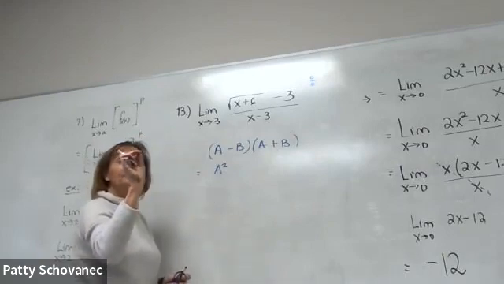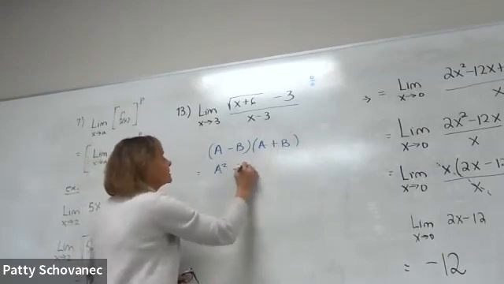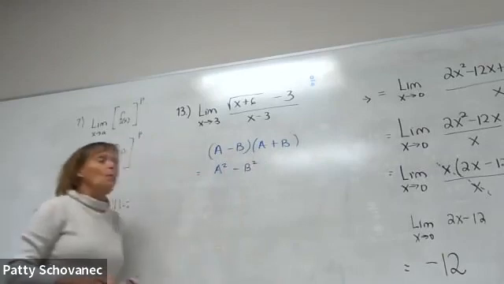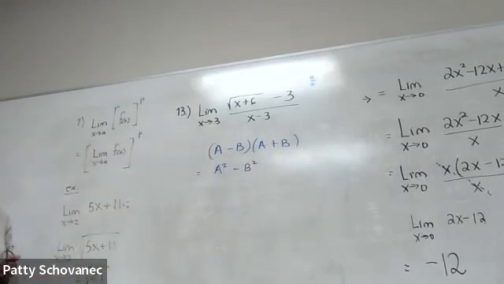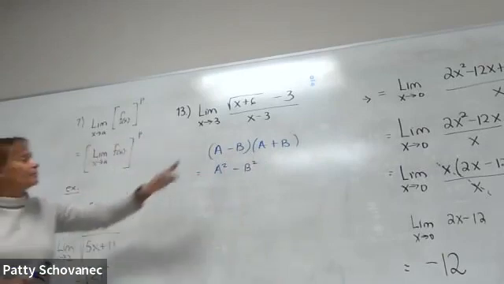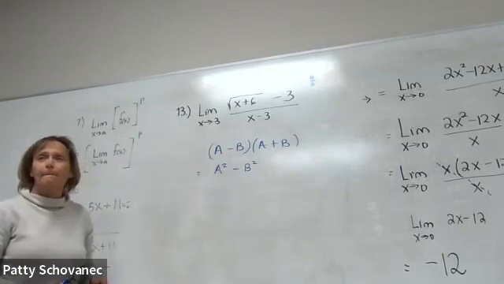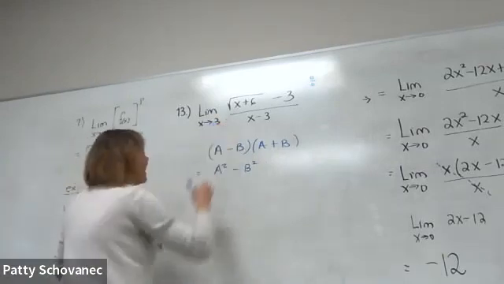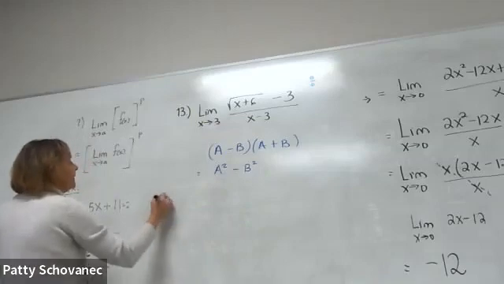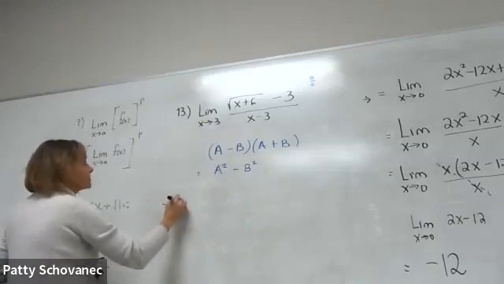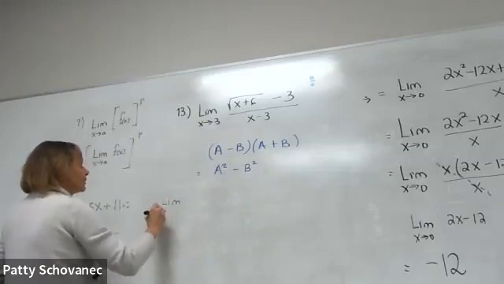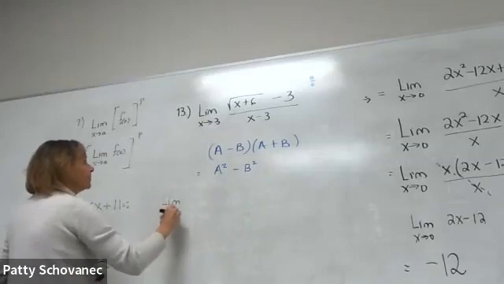You get no middle term, then you get a minus B squared. So if any one of the first or last terms has a radical, this type of product will get rid of the radical. So I'm going to multiply by the square root of x plus 6 plus 3 on the top and the bottom.